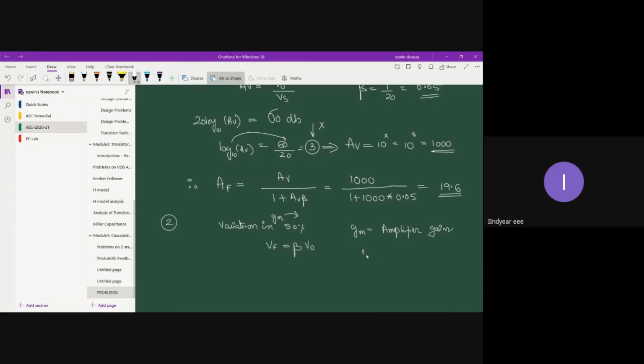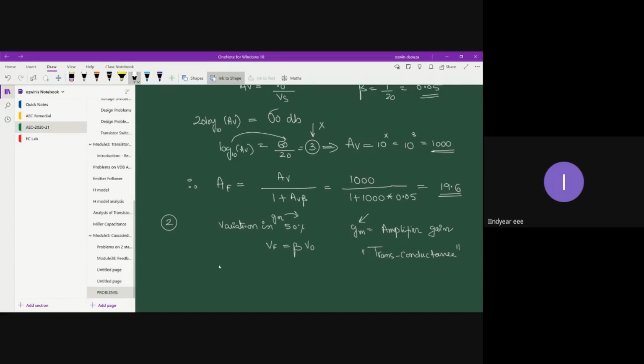In particular, we are going to use GM for a transconductance amplifier. It is the gain of a transconductance amplifier. Now, if there is a change of 50% in the amplifier section, that 50% variation gets transferred to the feedback network as well.